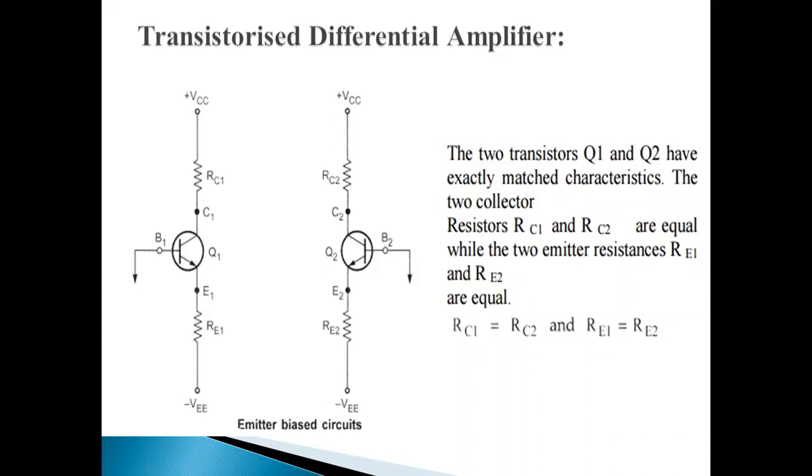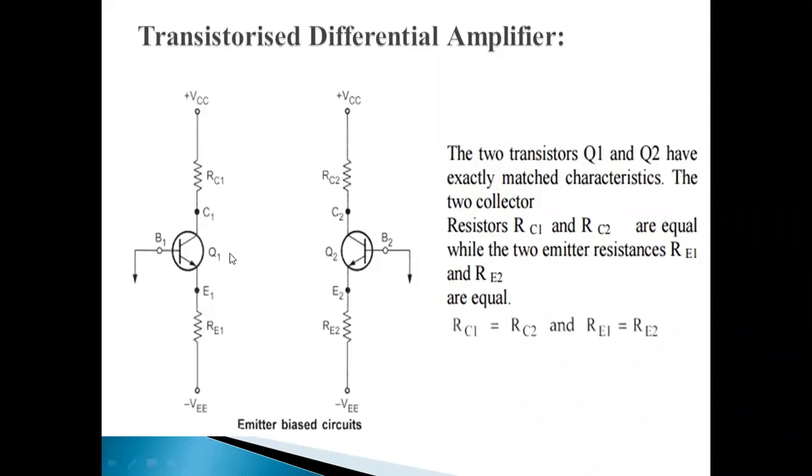When we take two emitter bias circuits, in order to connect these two circuits, we should follow some rules. Here we are taking two transistors, Q1 and Q2. The two transistors have exact characteristics, that means matched characteristics.